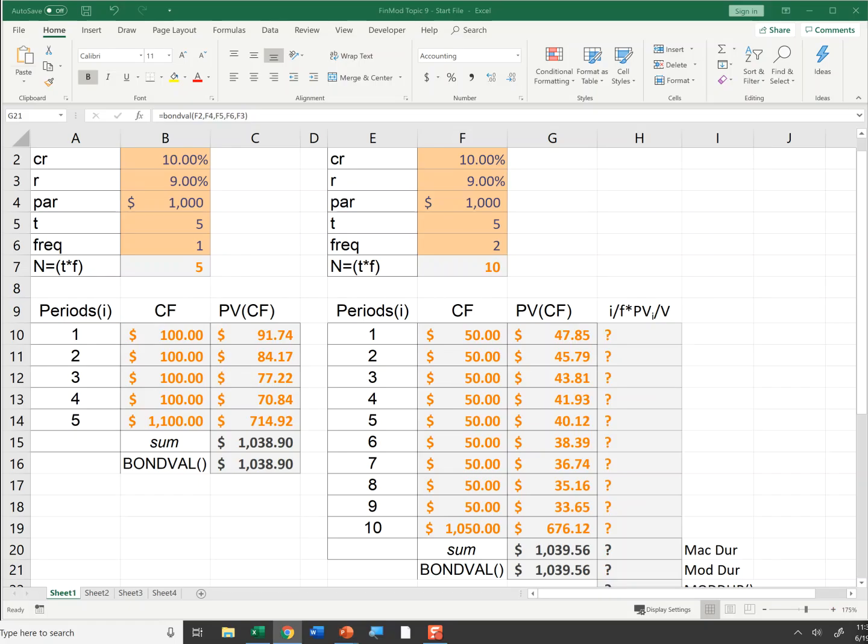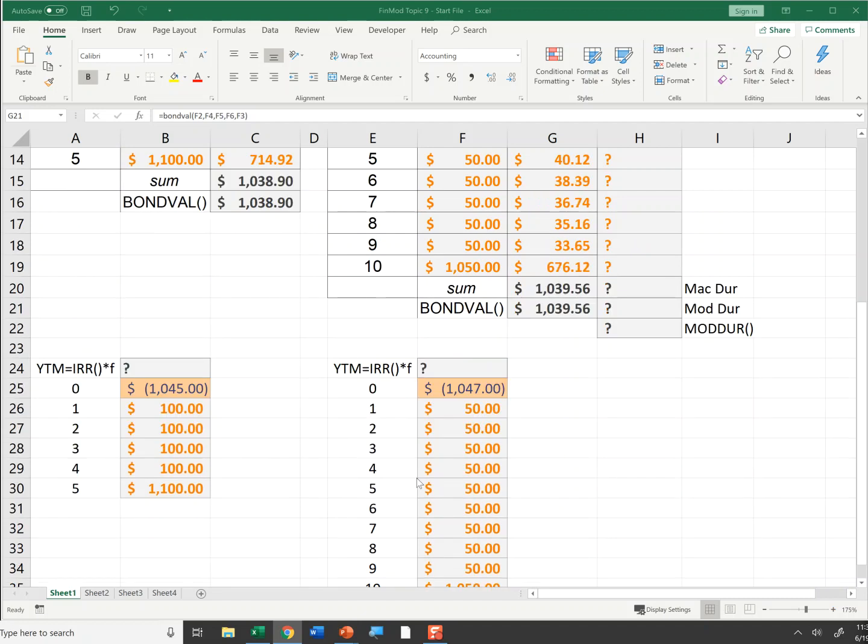So let's go back to the spreadsheet. I have a link down here that says if this first bond is selling for 1,045, and that is your cash outlay for the purchase of the bond, and then you receive your coupons and your par, these are the cash flows of the bond.